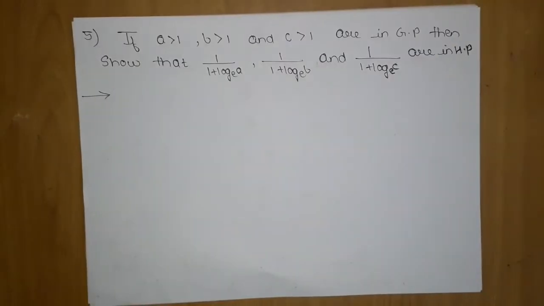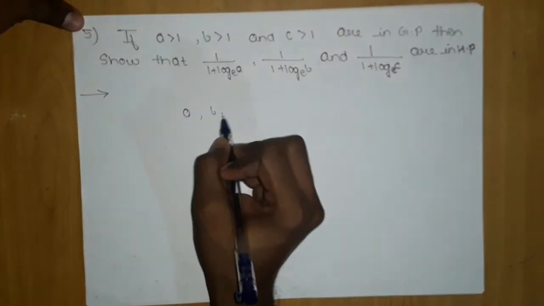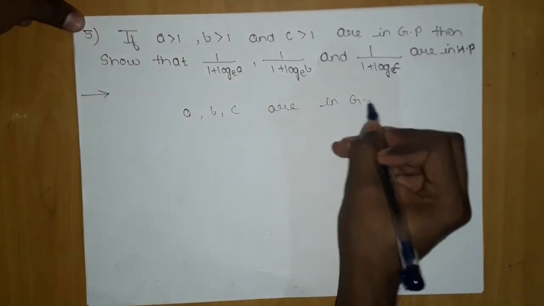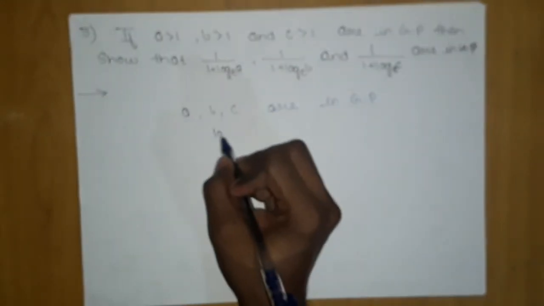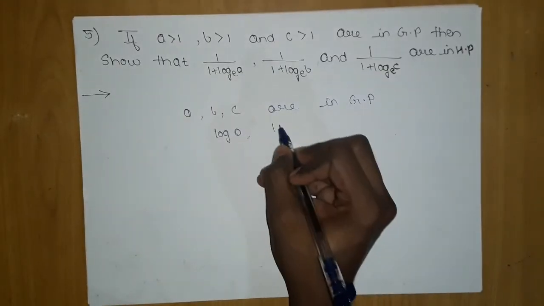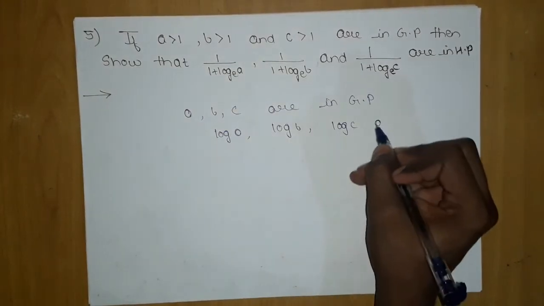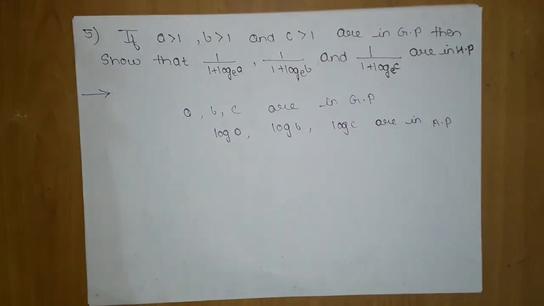Now we want to show that it is in HP. One more thing: if you remember, I told you the GP property. That was the reason for telling that property. A, B, C are in GP. Then remember what I told, log a, log b, log c are in AP. Remember? This is a basic thing which you need to remember.